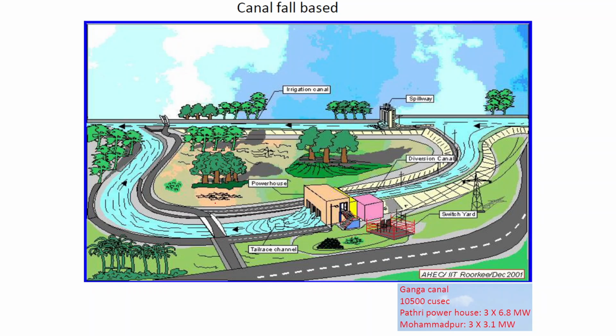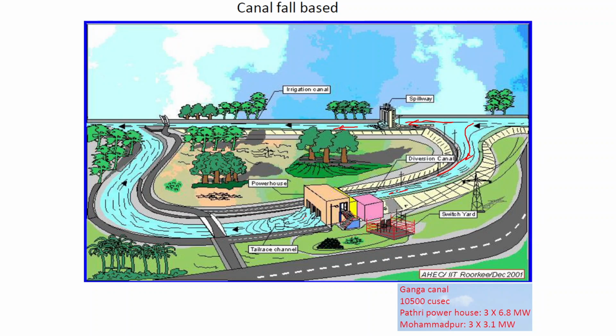Another kind is the canal fall based type. This is the main canal. It is not done on the rivers, but on the canal. A diversion is made from the main canal, and the flow of this diverted canal is used for the conversion of kinetic energy present in this water to electrical energy in this powerhouse.